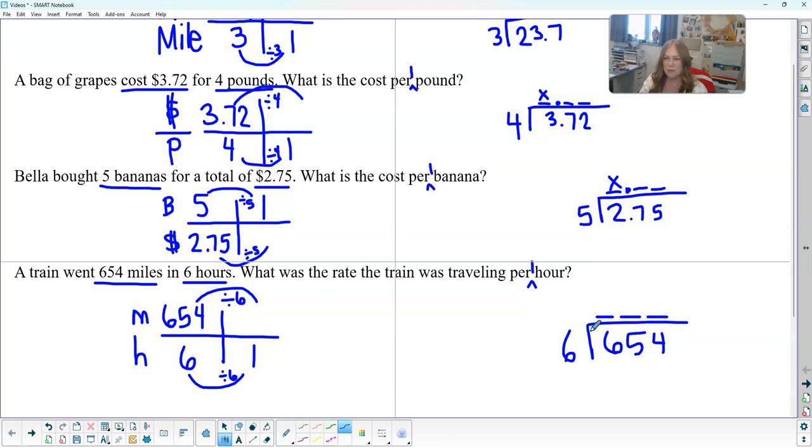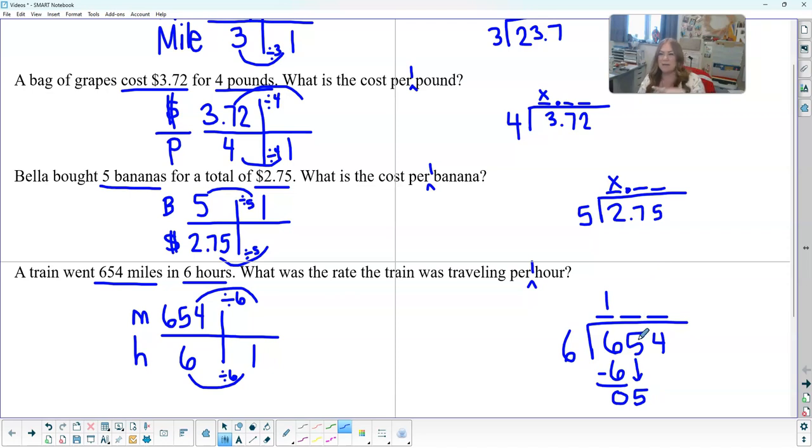I'm going to start this one with you. So 6 goes into 6 one time, which is 6. There's nothing left over, so I bring down my 5. 6 goes into 5. If I make a list of 6s, 6, 12, oh, that's already too big. 6 cannot go in there. You cannot make a group of 6 if you only have 5 things. But I can't just bring down the 4.